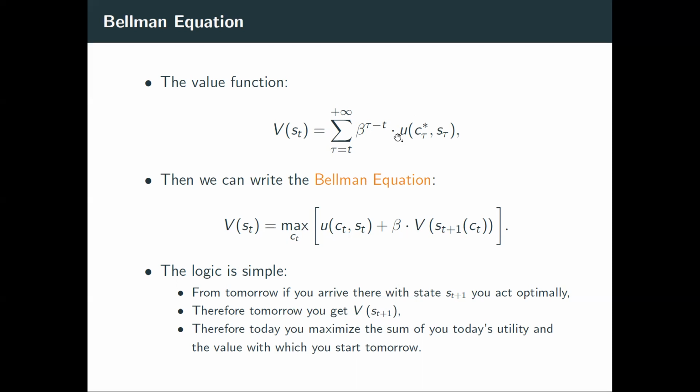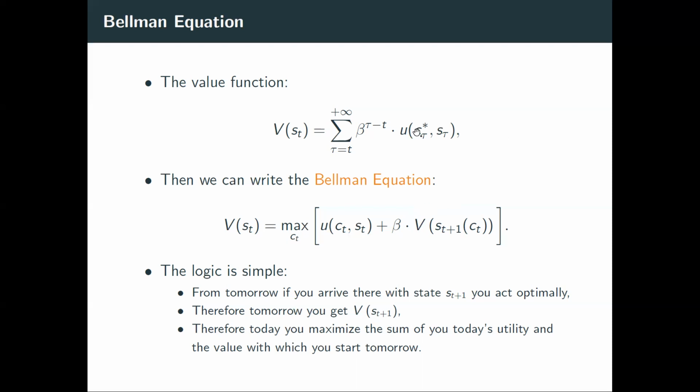Then the second term is beta times u of CT plus 1, ST plus 1, and so on. Again, as in the example with an infinite sum, we just pull out beta from the second and all other terms in this infinite sum. And what do we get?